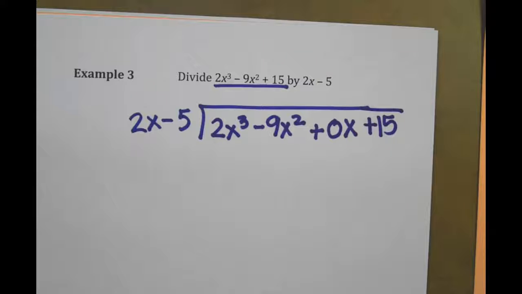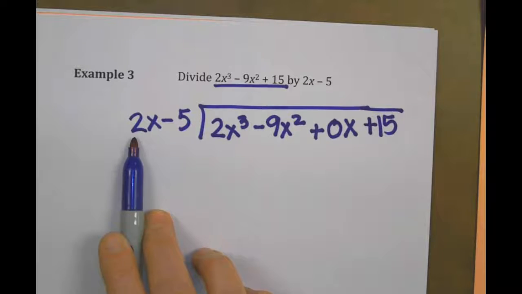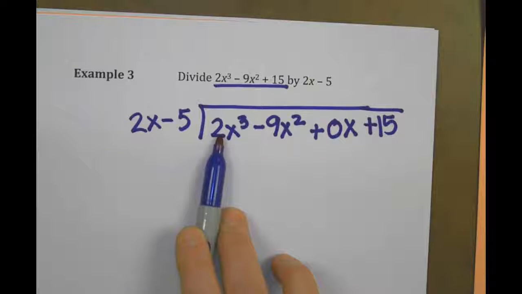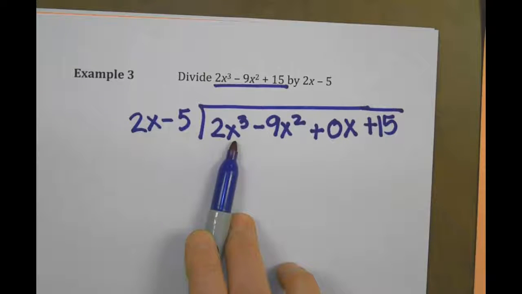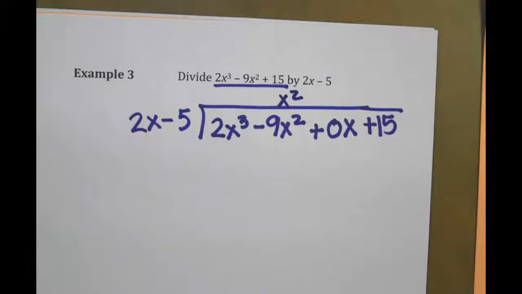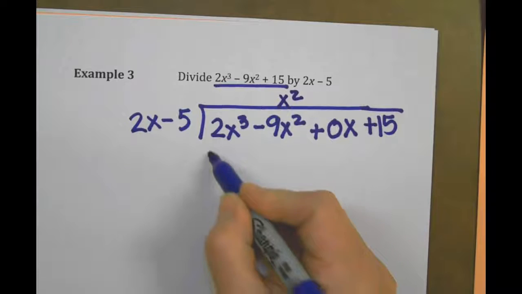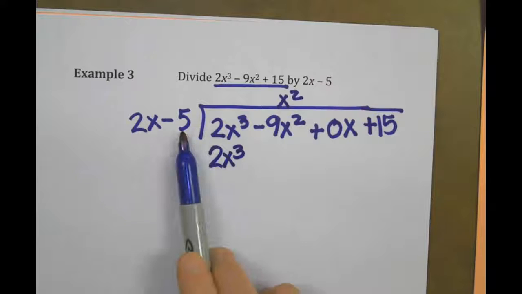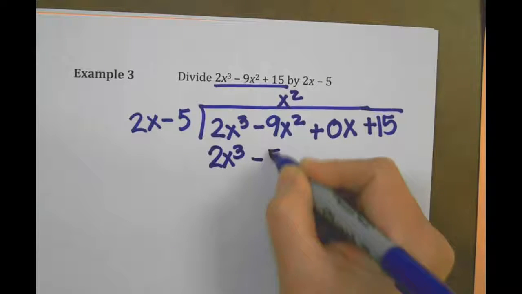Everybody got it written down correctly? What do I have to multiply 2x by so it'll equal 2x to the third power? I need an x to the third power. That means I need to multiply by x squared. If I multiply x squared times 5, oh, but that's not 5, that's a negative 5.